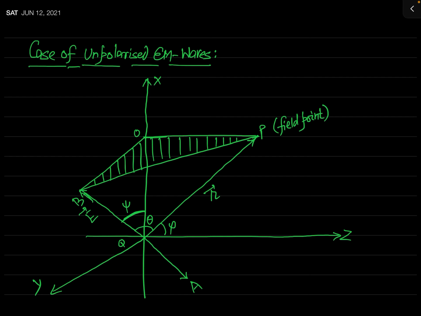So from the geometry of this figure, first of all, we will change our expression for differential scattering cross section in terms of psi, and then we will take the average over all possible values of psi.